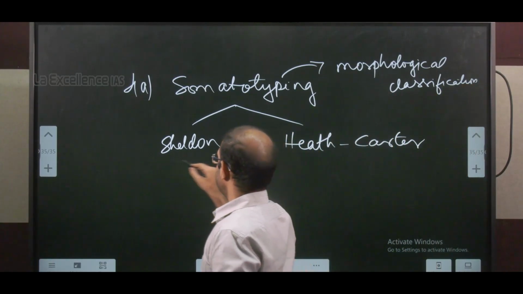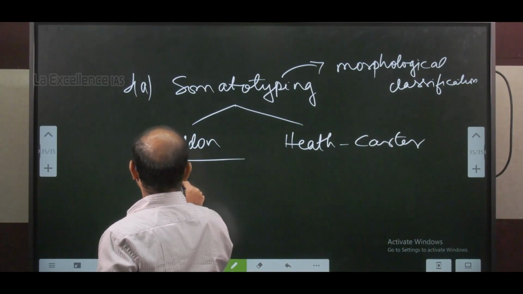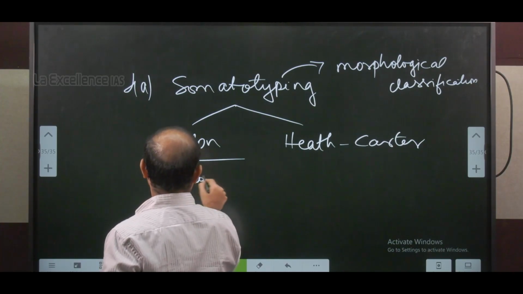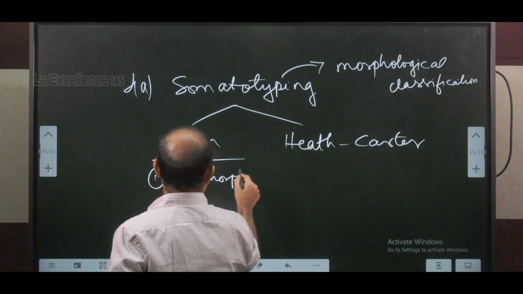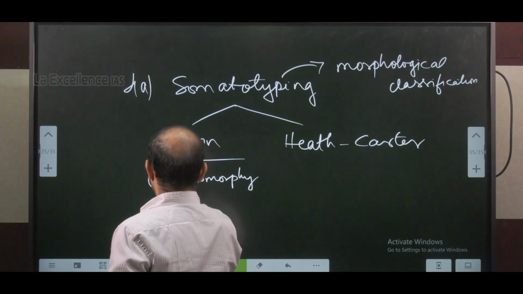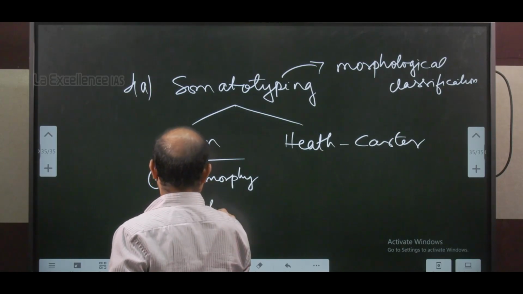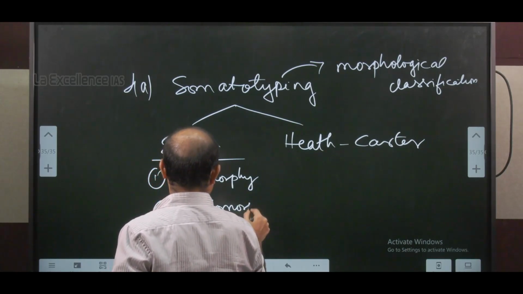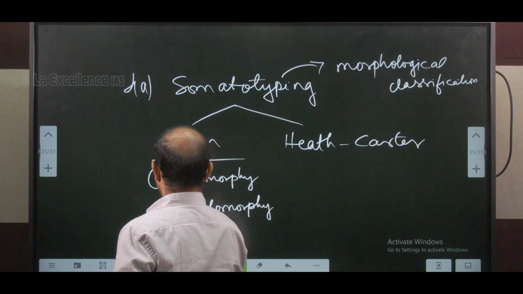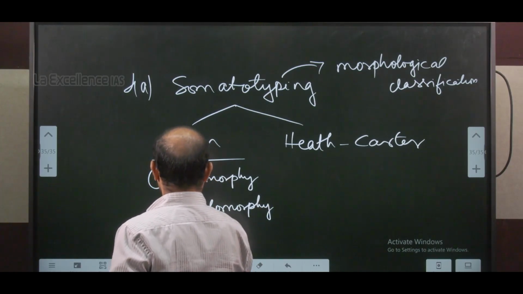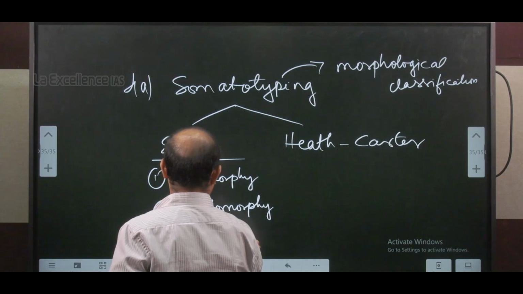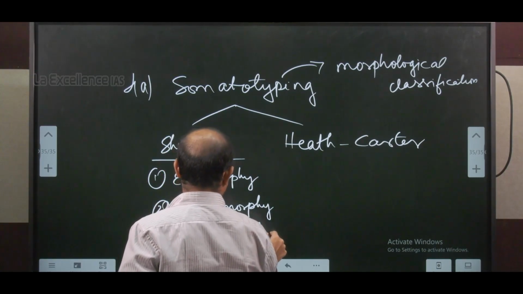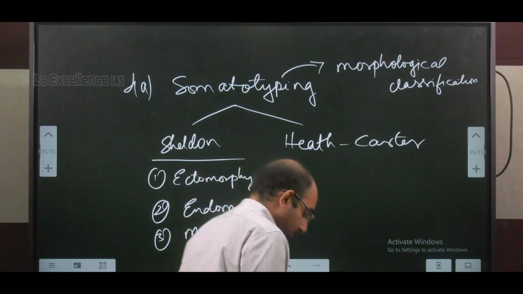First you have the Sheldon system, which divides people into three categories: ectomorphy, endomorphy, and mesomorphy. I shared a complete handout on somatotypes on the group. Please go through that.